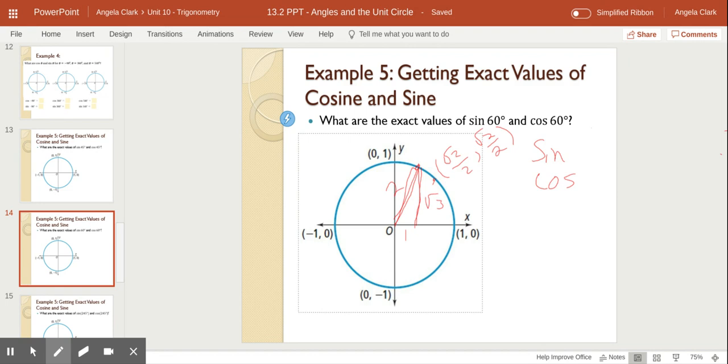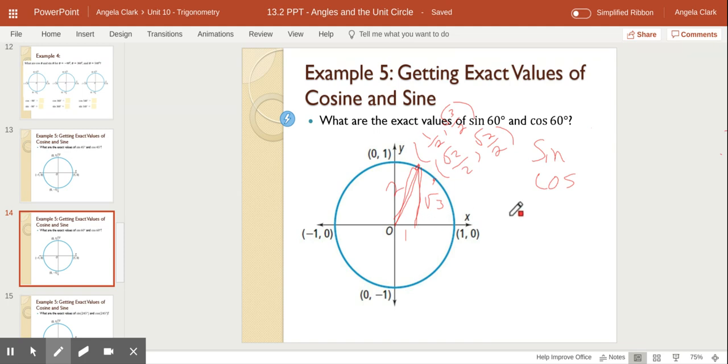Or I can remember from my unit circle that this is going to be, sorry, that's square root of 3 over 2. It's kind of hard to see. So if I know my unit circle and I know this, or I can find it using my 30, 60, 90 triangle.